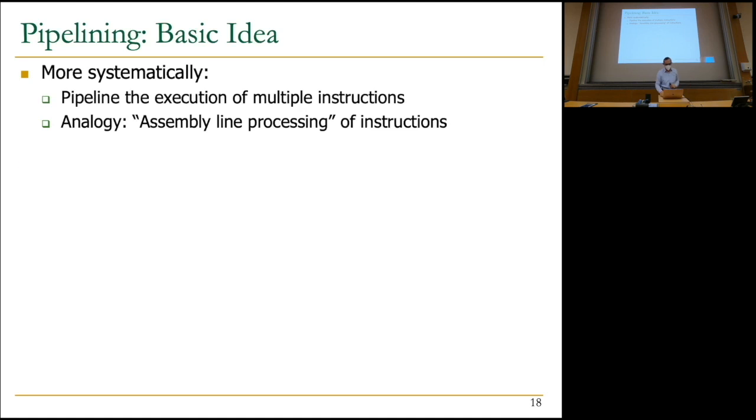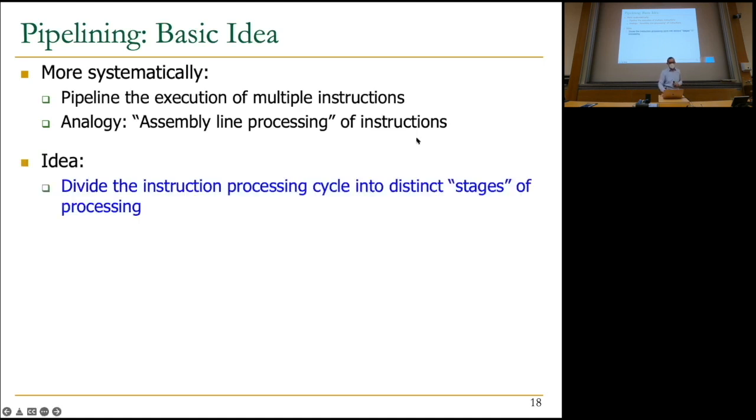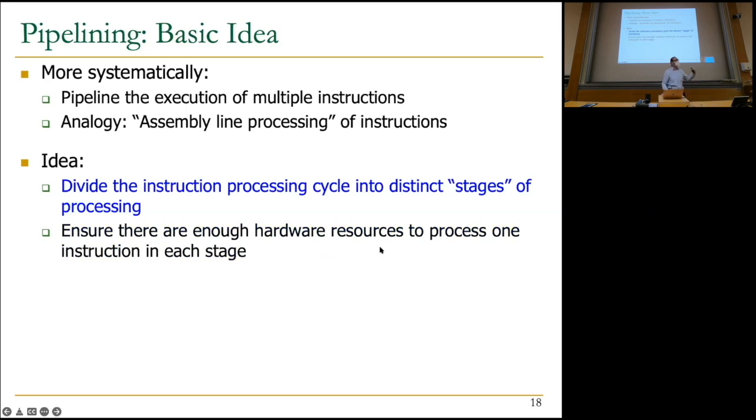Basically, we divide the instruction processing cycle into distinct stages of processing, and ensure there are enough hardware resources to process one instruction in each stage. If it's the fetch stage, we ensure that enough processing resources exist. If it's the memory access stage, we ensure that enough processing resources exist, and they don't conflict with each other, across different stages, because these instructions in different stages are going to be processed concurrently.